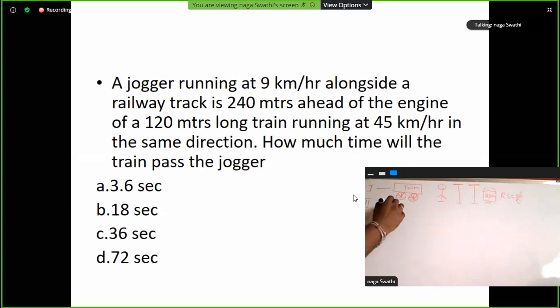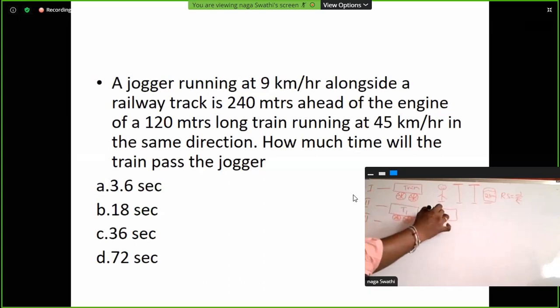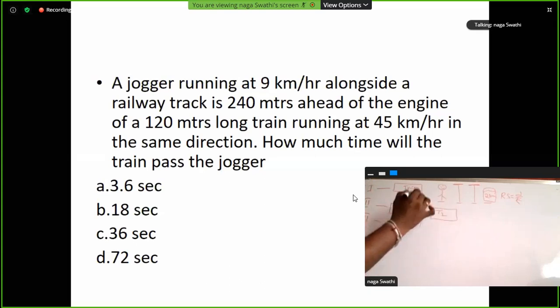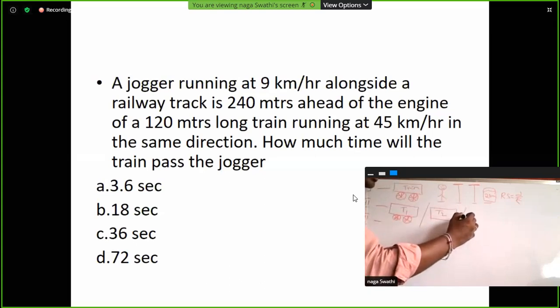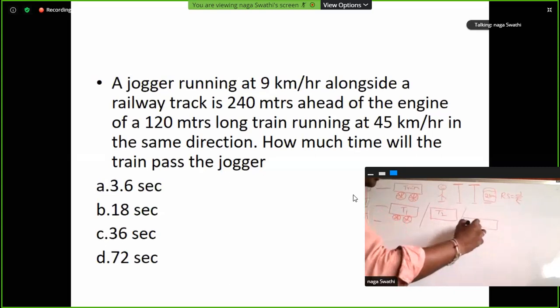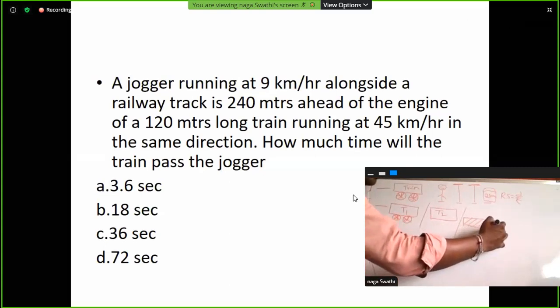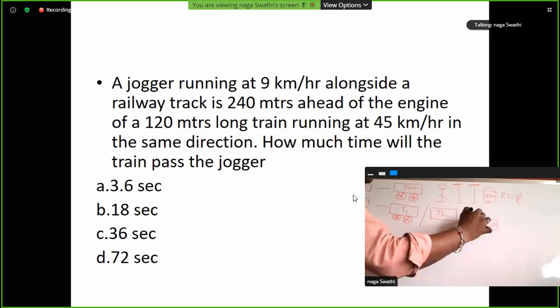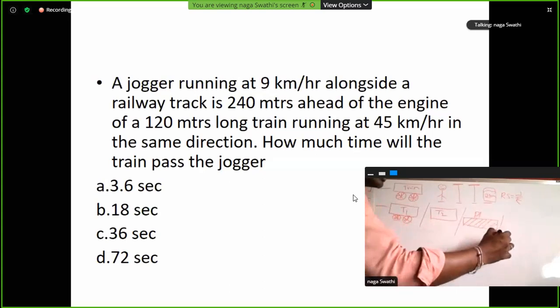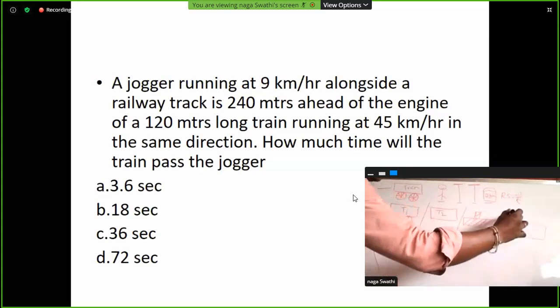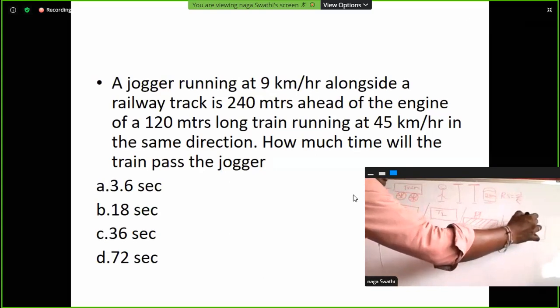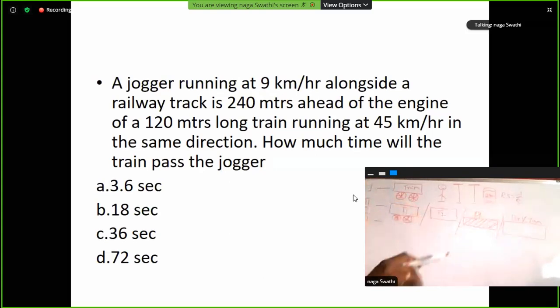Next, come to the second case. A person crossing a train, a train crossing another train, or platform, or a bridge, or tunnel.